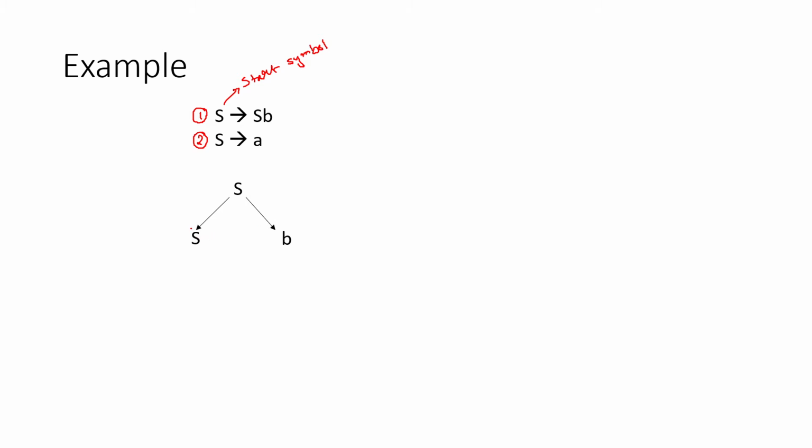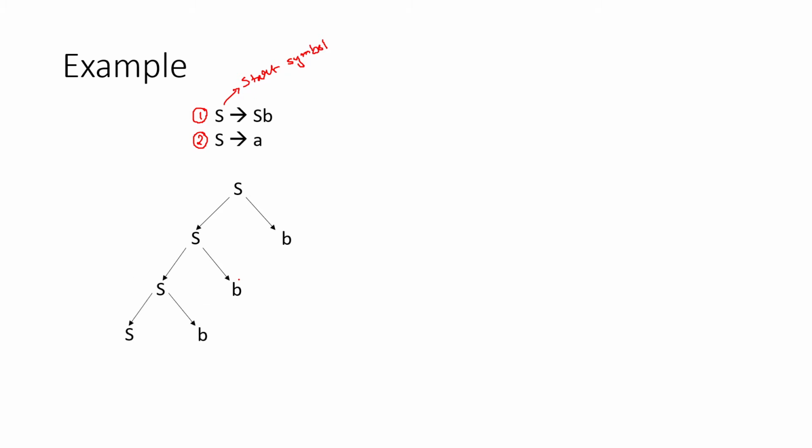But you can expand this part because it is still a variable, I mean a non-terminal, and I have two options over here. So if I expand it more with respect to the same production rule number 1, I can write something like this.